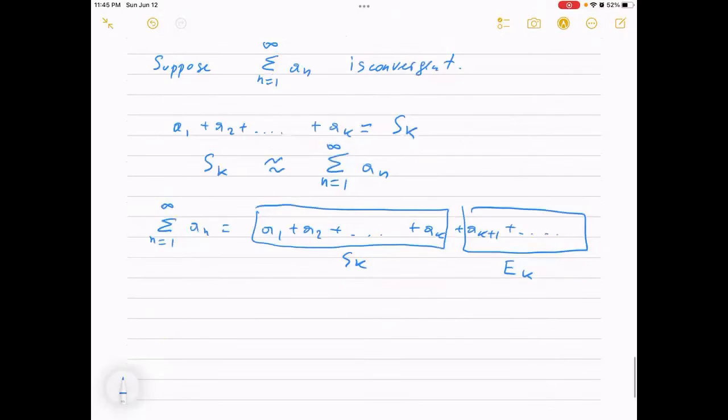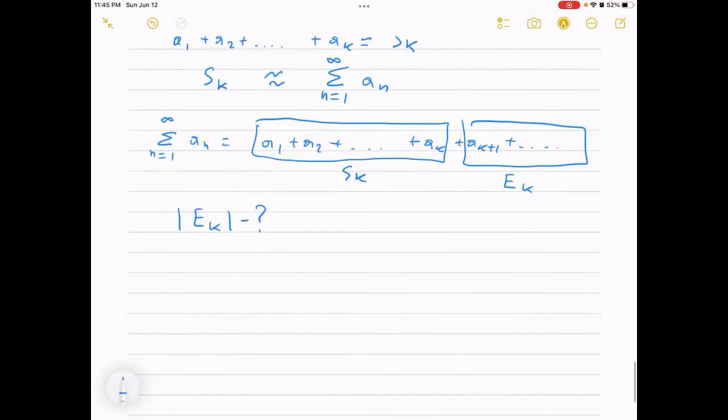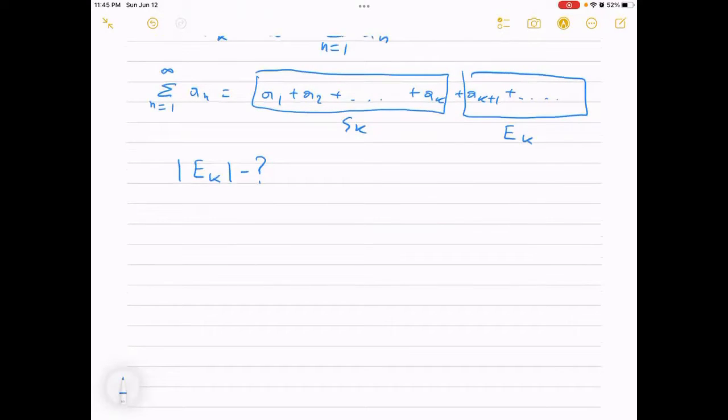So often we're interested to see how big is the error, actually how big is the magnitude of an error. Okay, so how good is our approximation? So instead of working with the infinite sum, we take its partial sum to the k and we wonder how accurate is our approximation. So that's what the next theorem is addressing.